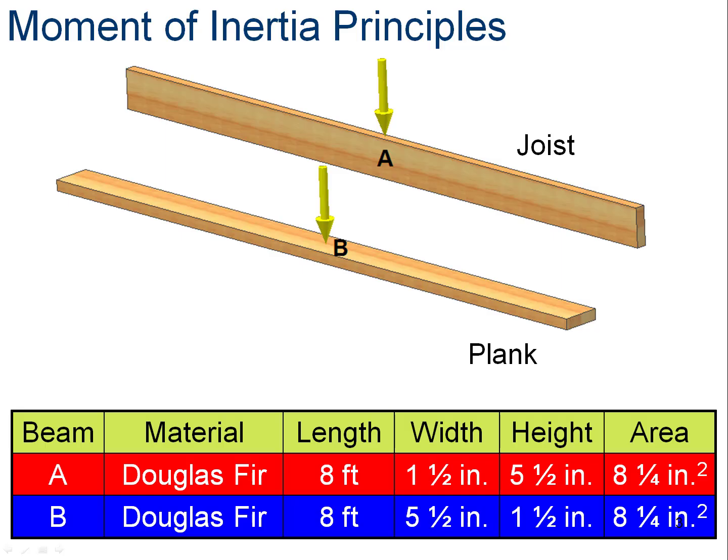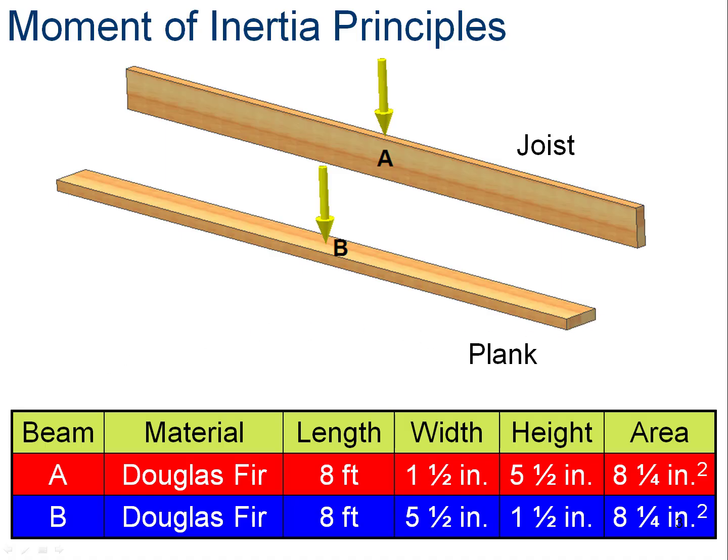So let's talk about this for a second. We look at two objects, and the first big picture thing that we've got to remember here is joist versus plank. So when we talk about a beam in a joist configuration, we're putting it so that the tall side is standing up. The load is coming down on this yellow arrow in each of these two instances. So joist, the tall portion of the beam is sticking up. Plank, the tall portion is horizontal.